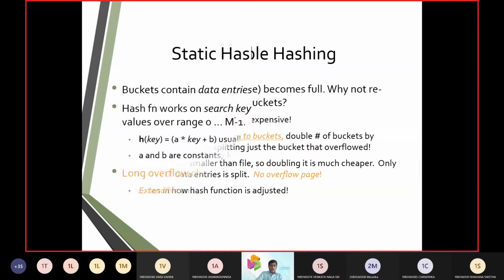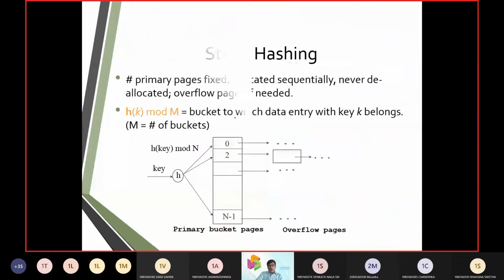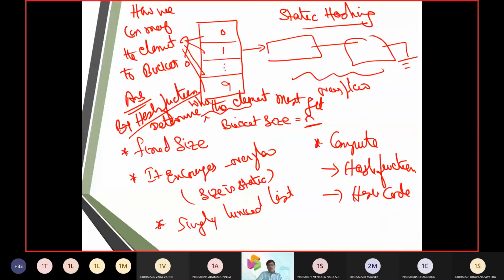So up to now, we talked about the very first concept called static hashing. In static hashing, the key takeaway was the size is going to be fixed. As the size is fixed, if a new data entry comes here, then there is no space. Therefore, we are going to call the overflow.